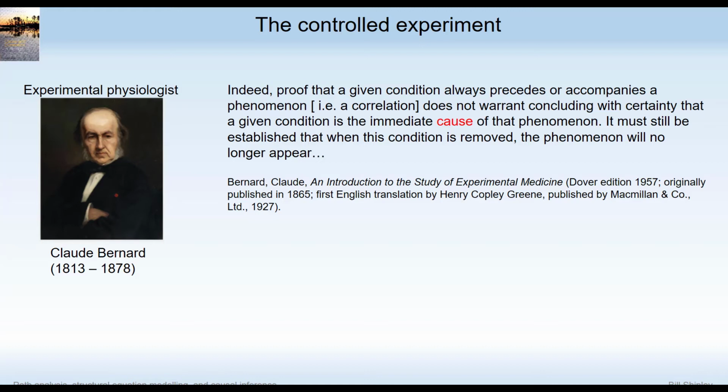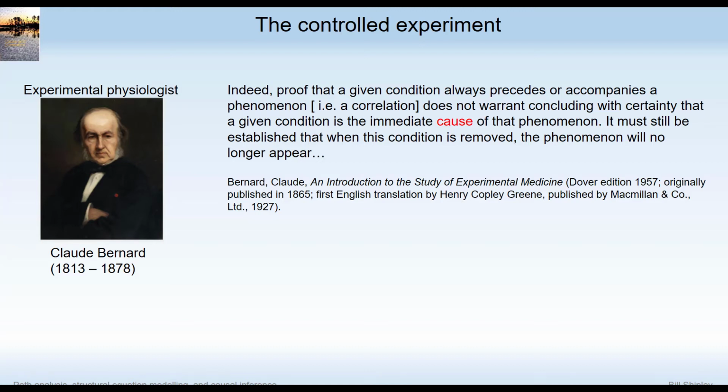Now, I'm no historian of science, and so I can't pinpoint exactly when the controlled experiment was first introduced. I suspect it was never formally introduced. It was a method that was developed and discussed and modified by scientists as they proceeded. But I'm going to illustrate it by the example of the man you see on the screen, Claude Bernard, who was an experimental physiologist.